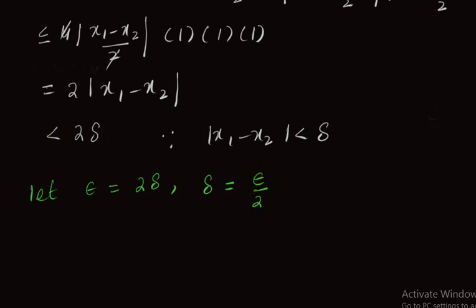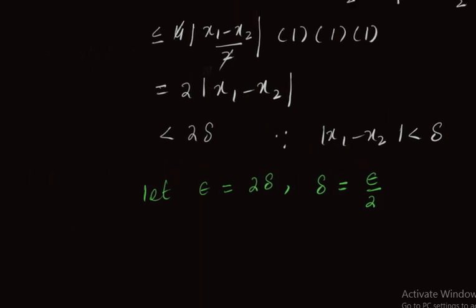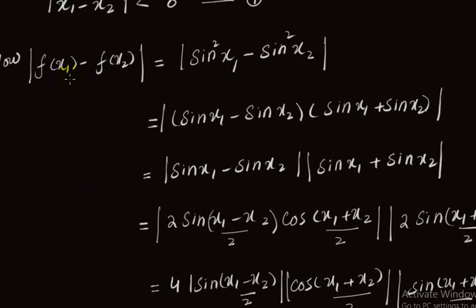Now by using this value of delta, on the left hand side we have mod of f of x1 minus f of x2, which is mod of sine square x1 minus sine square x2.